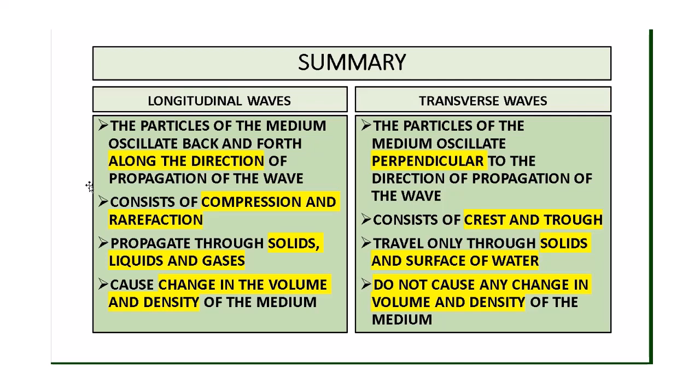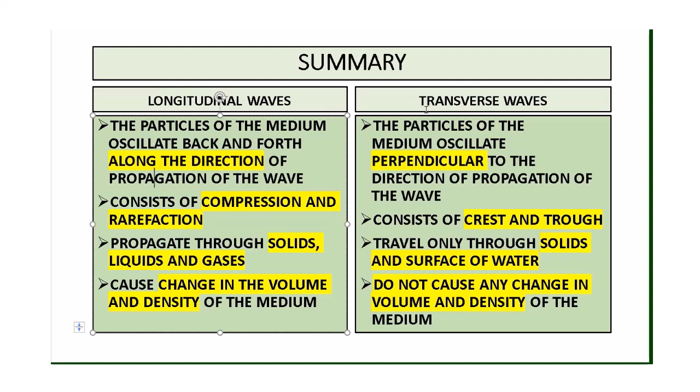On gathering all the points together for longitudinal as well as transverse wave, we can finally distinguish between these two waves on the basis of these four points. First is the particle behavior, or the motion of the particle. In longitudinal waves, the particles move or oscillate back and forth along the direction of propagation of the wave.